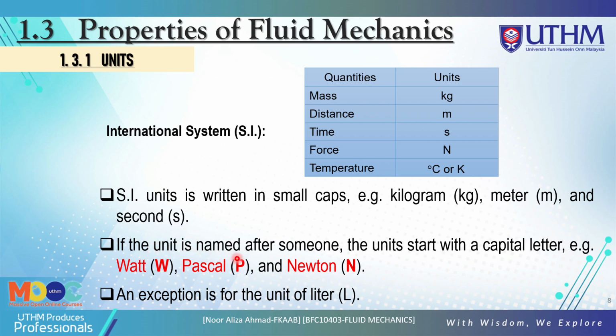If the unit is named after someone, the unit starts with a capital letter, such as watt, W; Pascal, Pa; and Newton, N. An exception is the unit of liter, which uses a capital L.